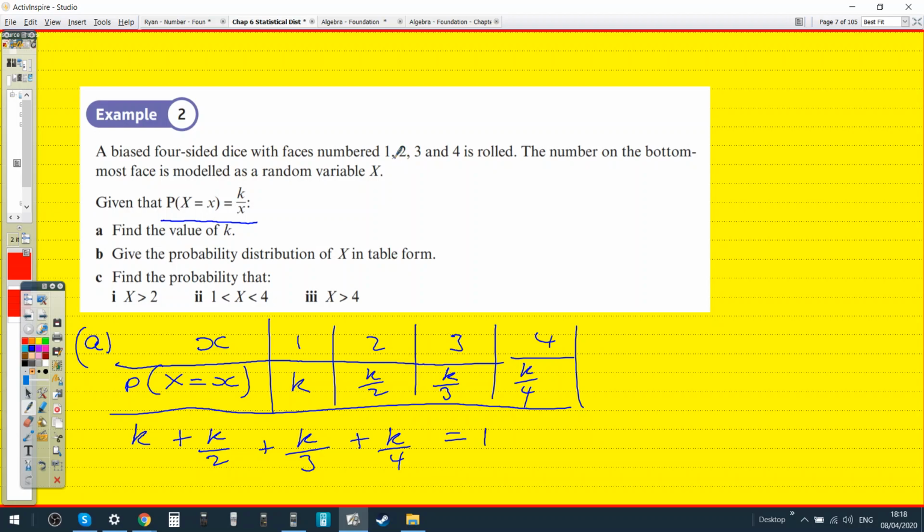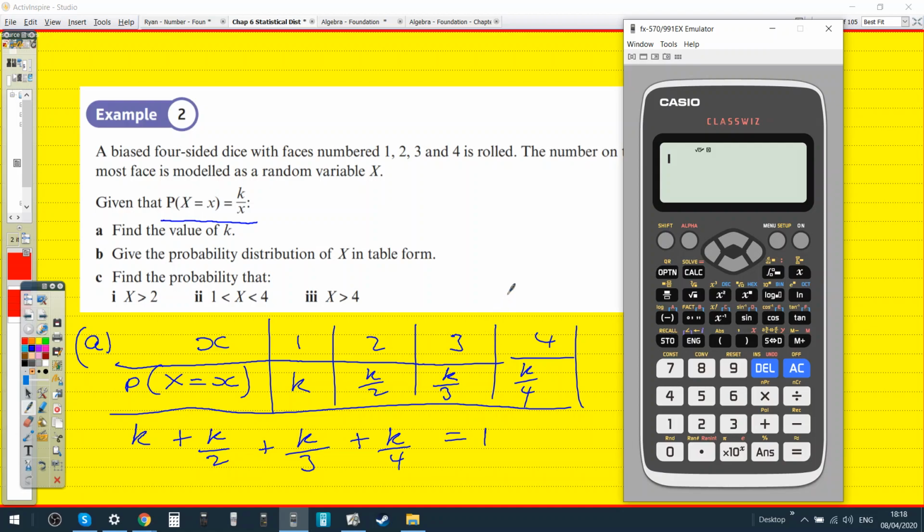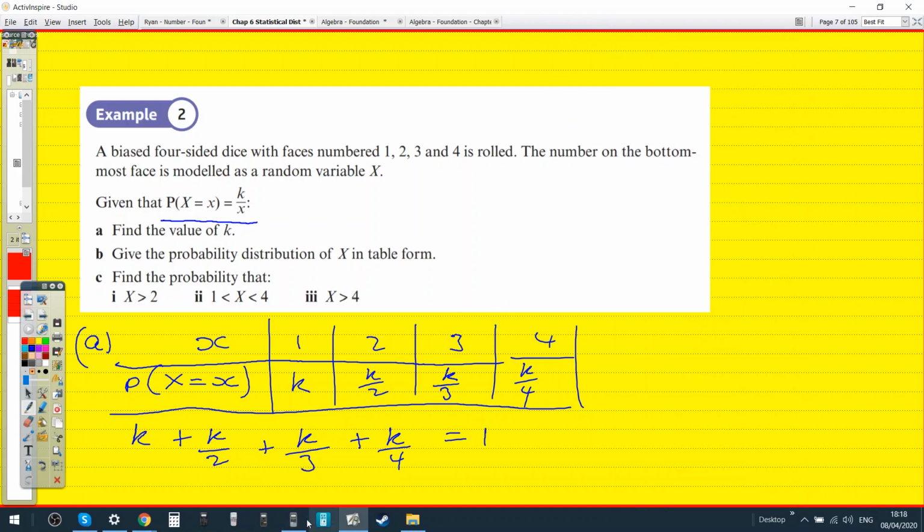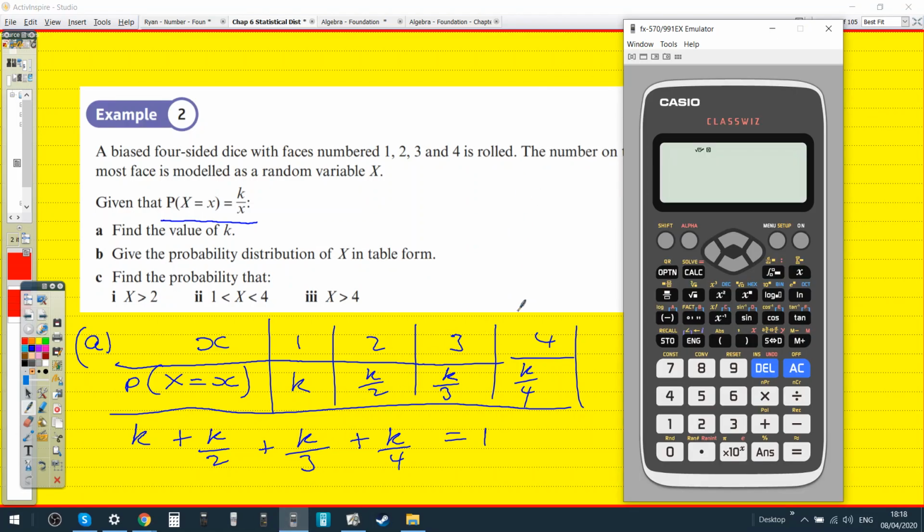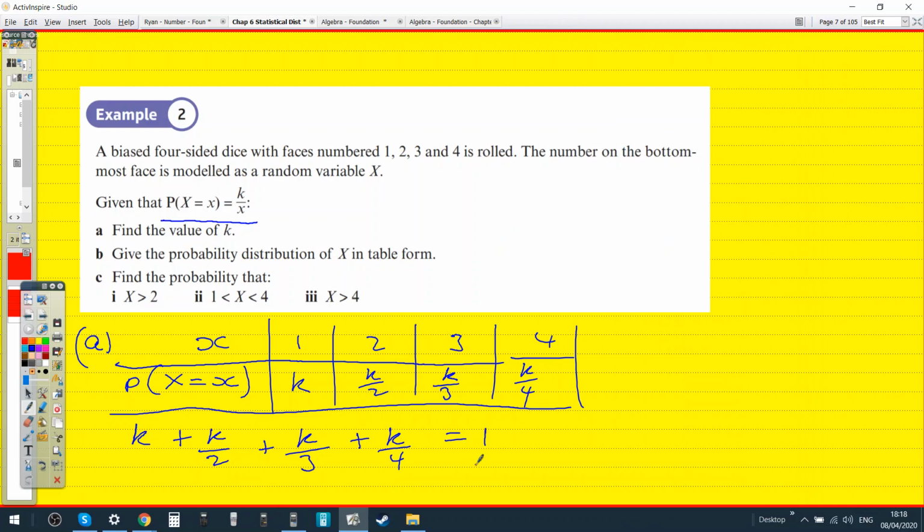So to get k, you would divide 1 by 25 over 12, which gives us 12 over 25, which is 0.48.